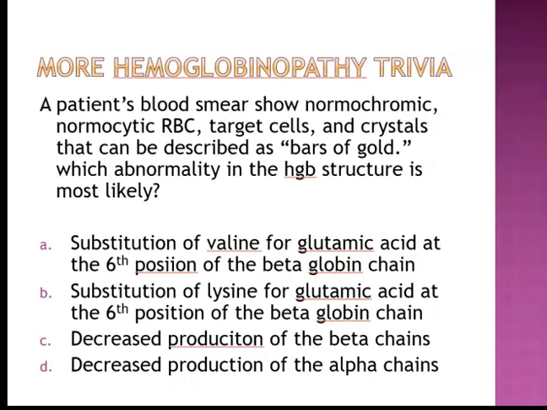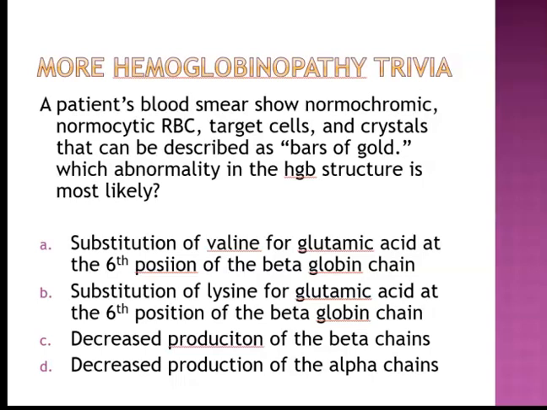Okay, one more trivia question. A patient's blood smear shows normochromic, normocytic red blood cells, target cells, and crystals that can be described as bars of gold. Which abnormality in the hemoglobin structure is most likely? A, a substitution of valine for glutamic acid at the 6th position of the beta chain?